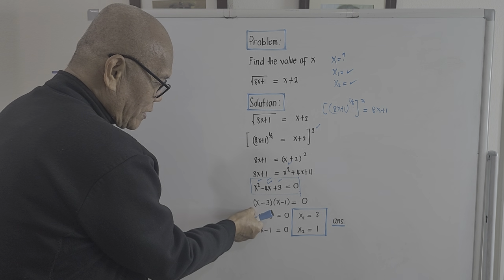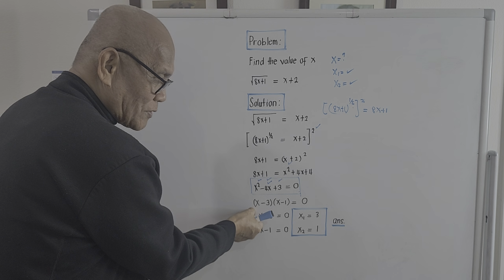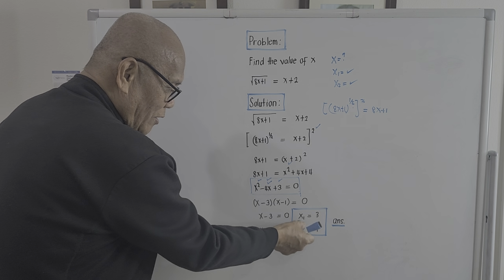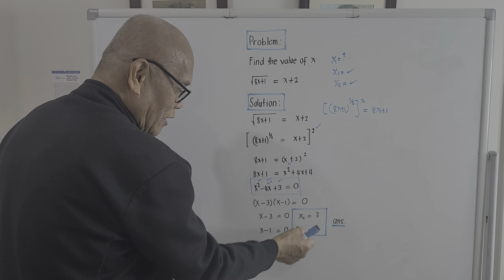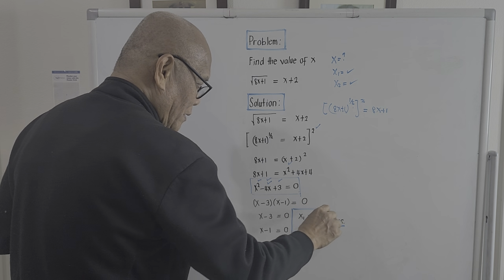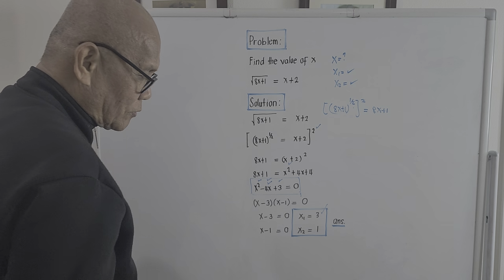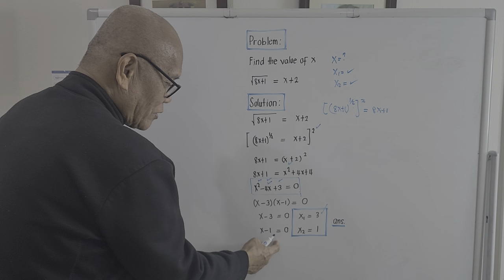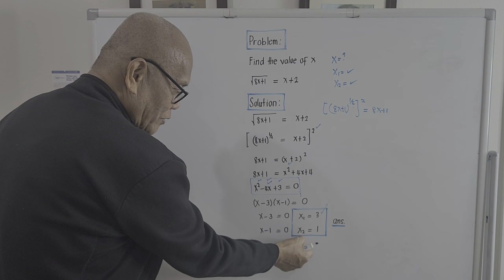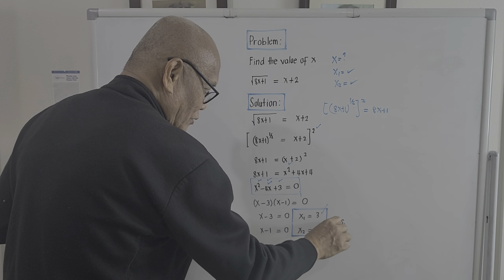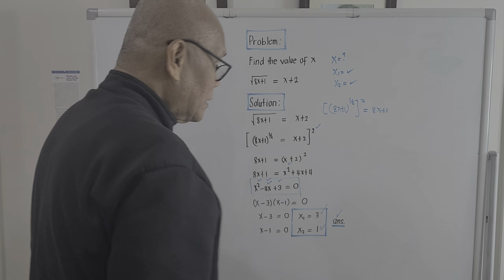So x minus 3, the first linear factor, we equate that to 0. So x1, if we transpose this, will be equal to positive 3. Equating the next linear factor to 0, that is x minus 1 equal to 0. Therefore, x with the subscript 2, meaning the second value of x, will be equal to positive 1. So these will be our answers.